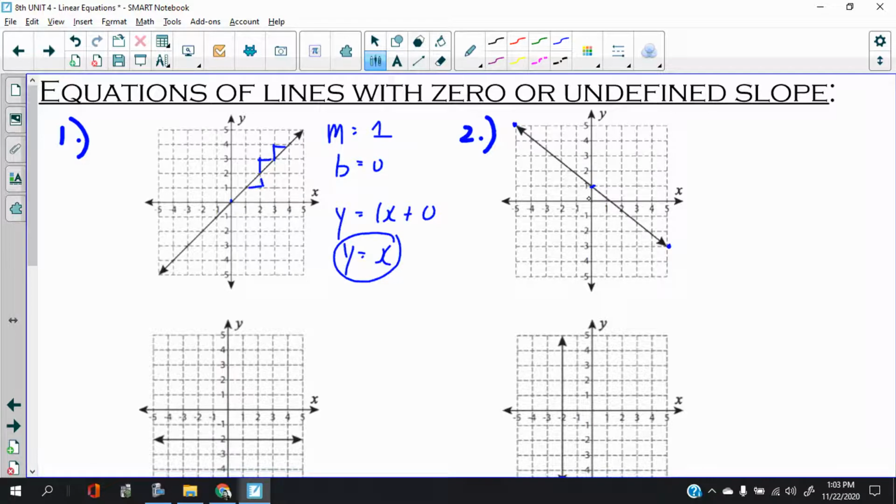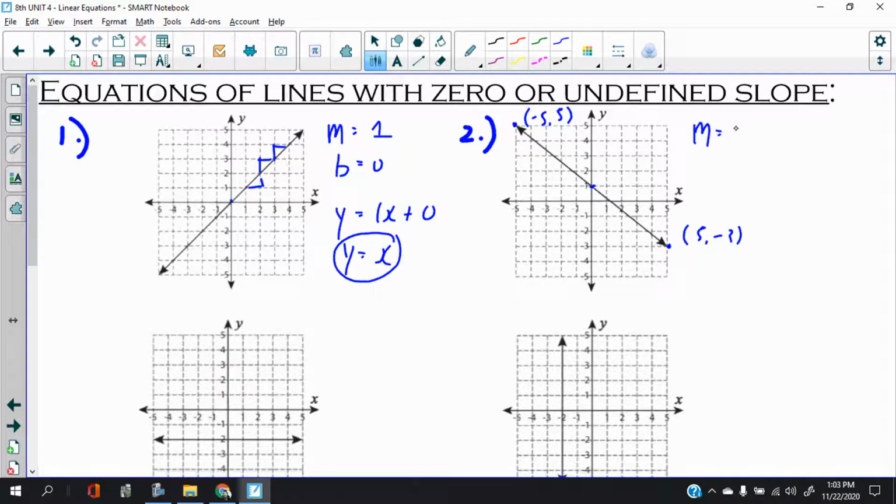Let's see. Where is this? Negative 5, 5. Is that right? Negative 5, 5. And negative 3. I'm just double checking. I don't want to get this wrong. Okay, 5. Yep. Find the slope.